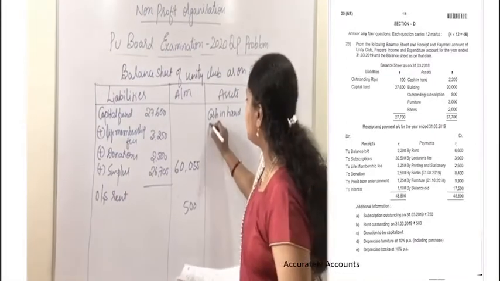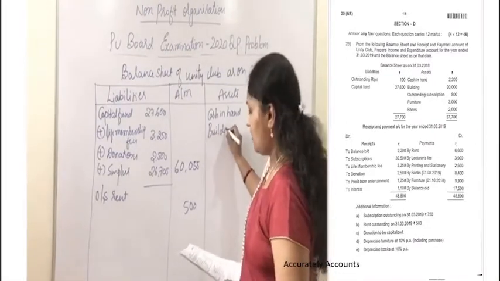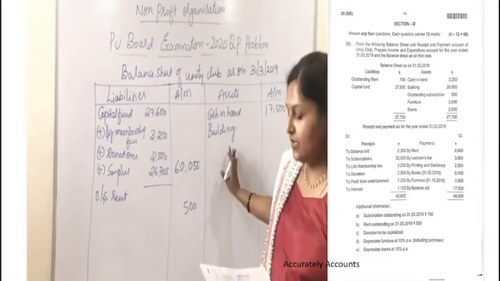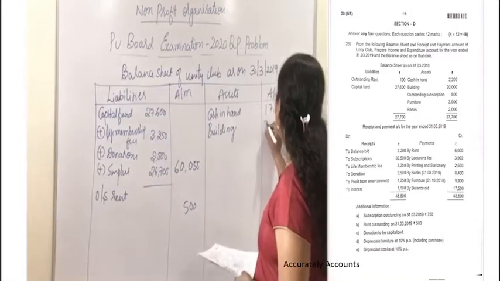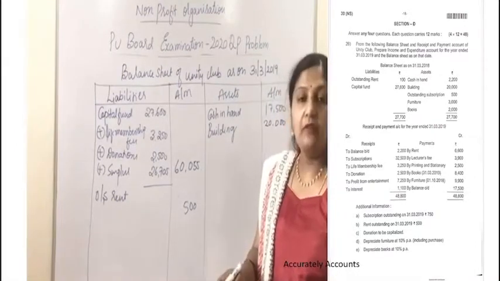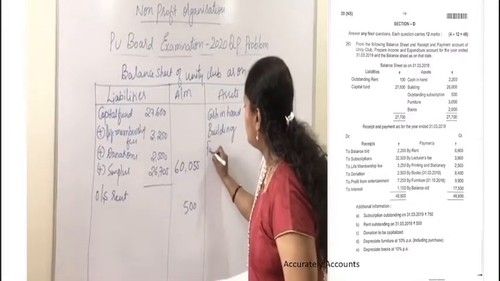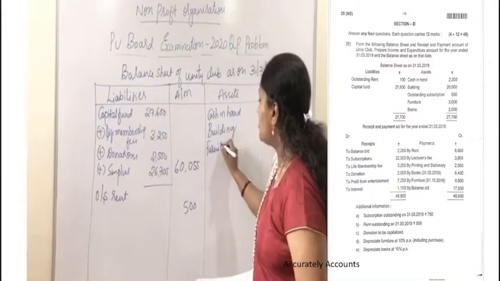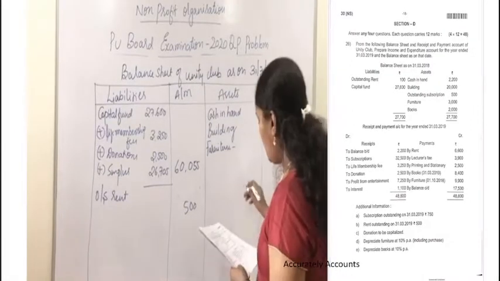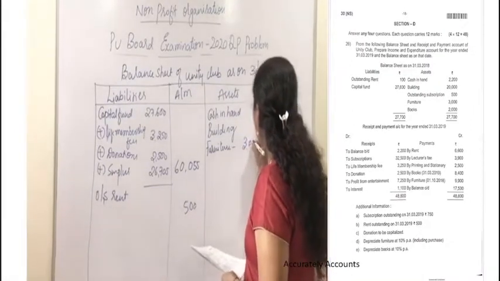The first asset according to the problem is building. In this problem, they haven't given any adjustment related to the building, so we can write the book value as it is. The value is 20,000. The next asset is furniture. We have addition to furniture and we also have depreciation on furniture. So the book value of furniture is 3,000.